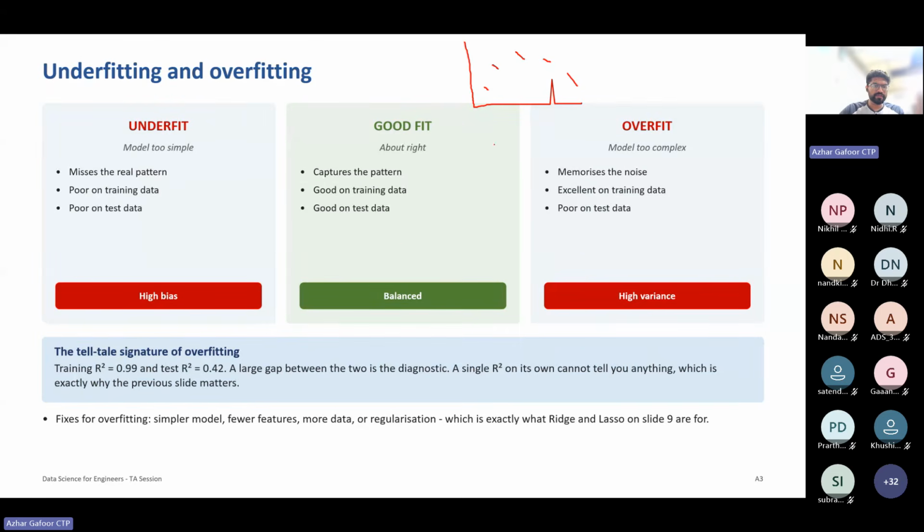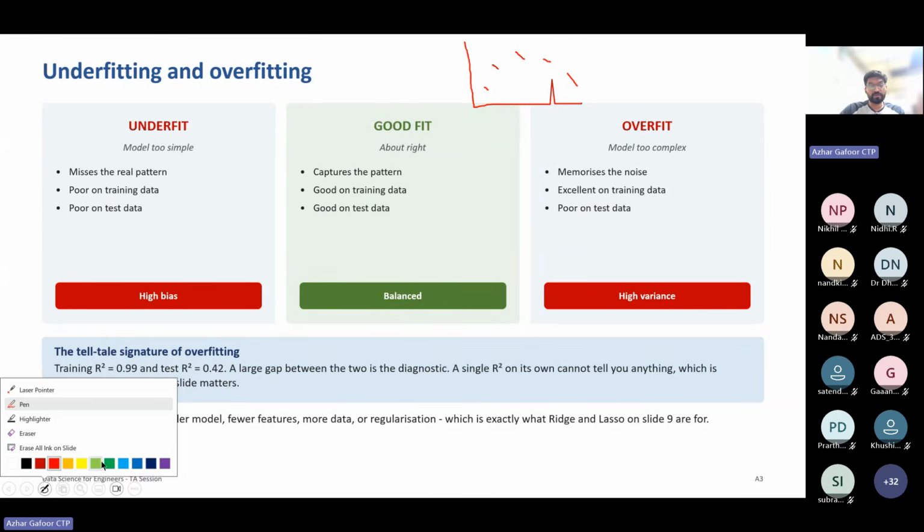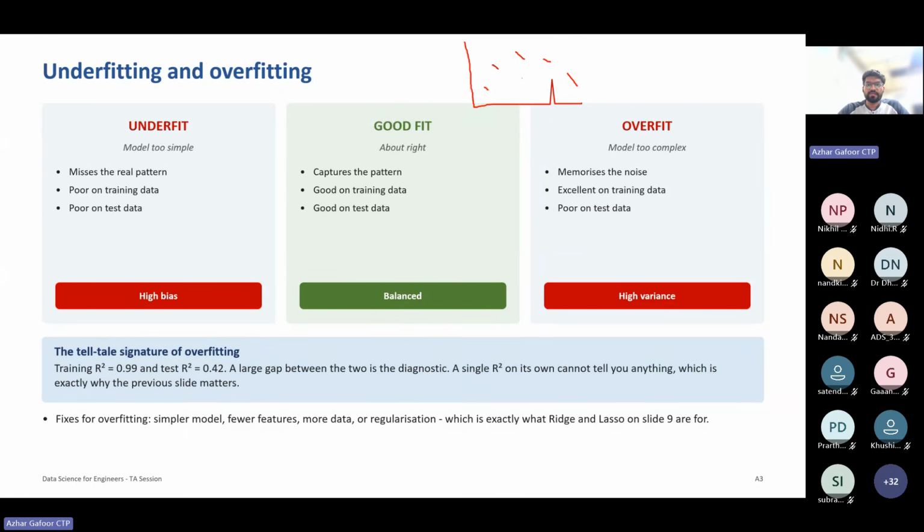If we have decided on a linear model, however we try, our model is going to give us error, which means our model is too simple to fit this entire data. It misses patterns, it is poor on training data, and it will also be poor on testing data.